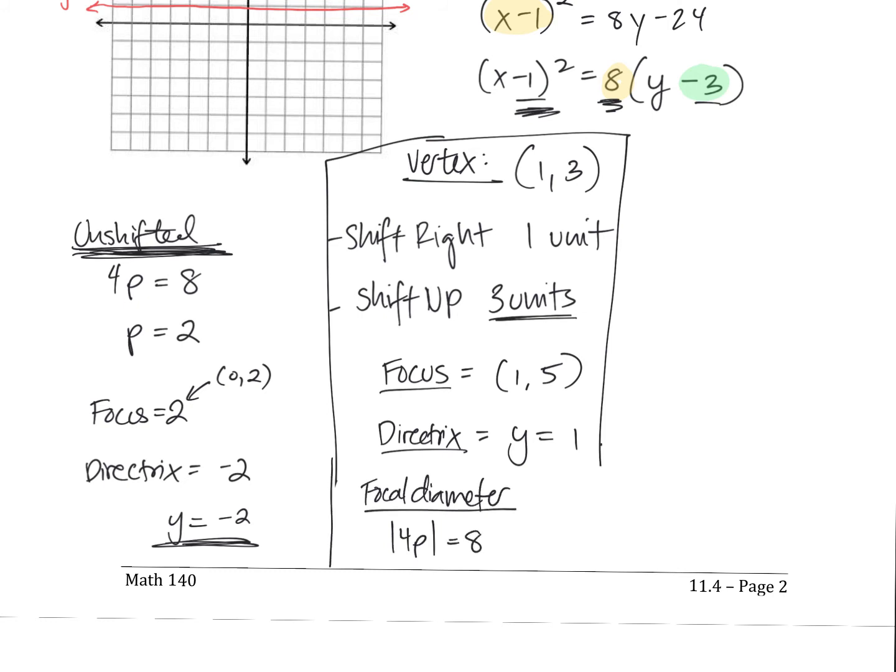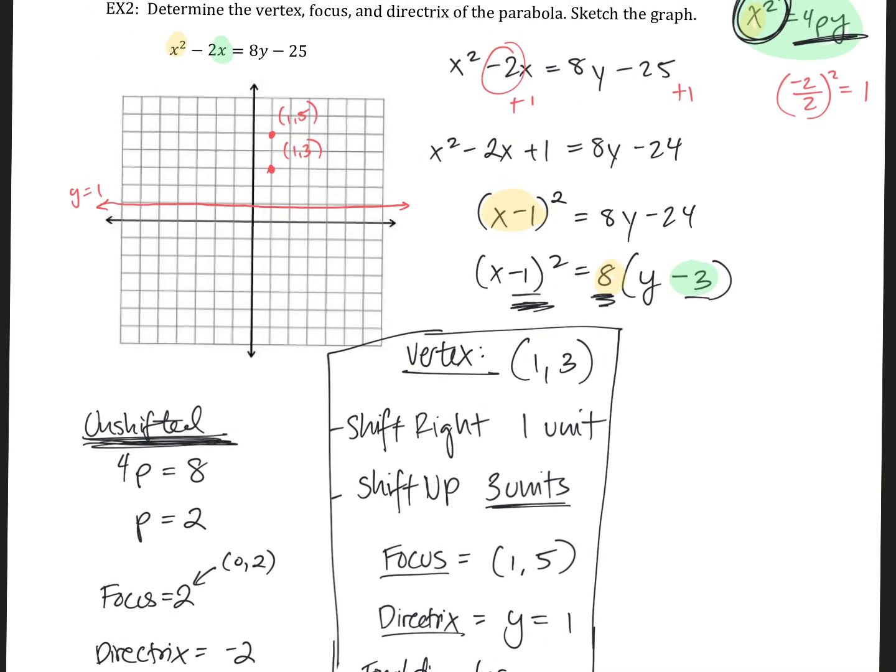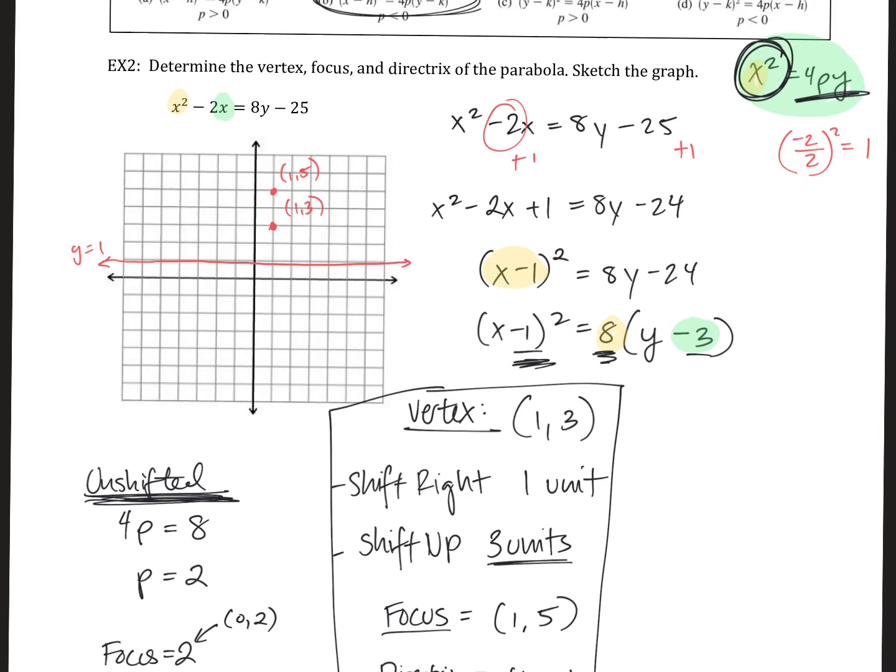And that way we can find the other points. So it's 4 on either side from my focus. So let's go ahead and add 4 to either side of the focus. 1, 2, 3, 4. 1, 2, 3, 4. And then find those points. So let's see. 5, 5. And then 1, 2, 3, 4. Oh, should have been 1, 2, 3, 4. Yeah, 3, 5. And there we go.